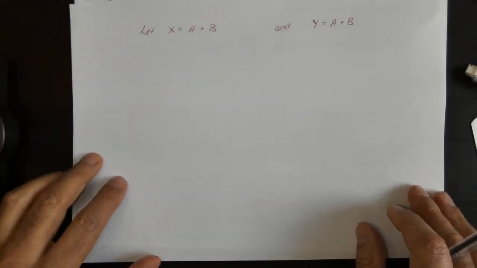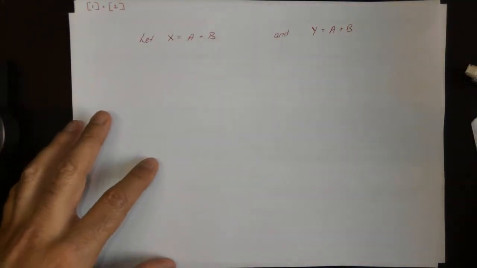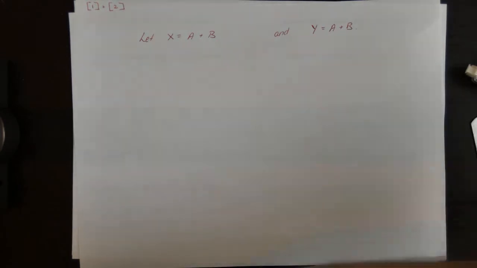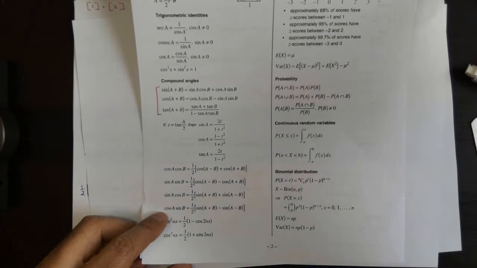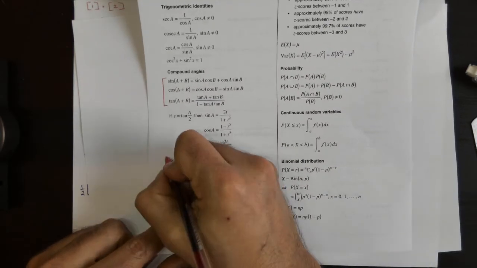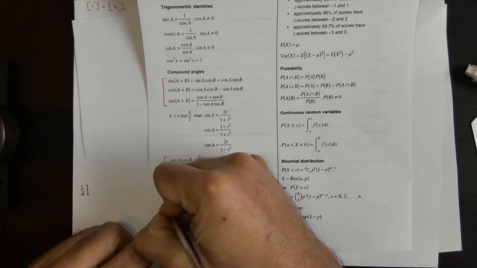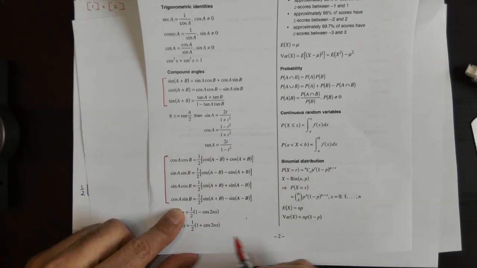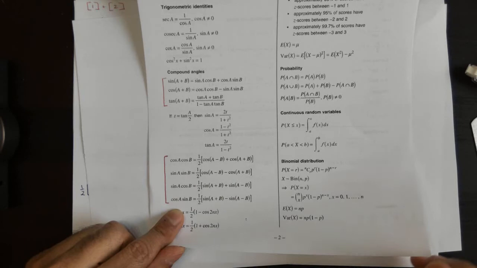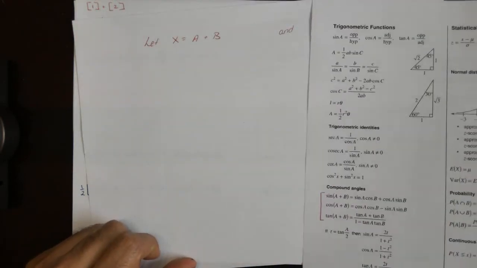If you're doing the exam extension, you will notice that they are on page 2 of your reference sheet. So you won't have to remember them identically, but you know how to derive them.